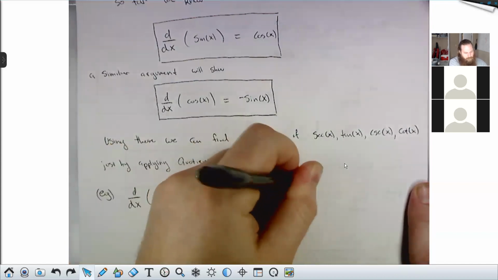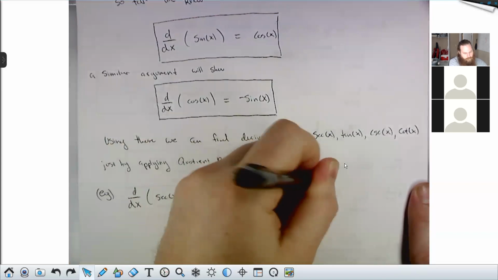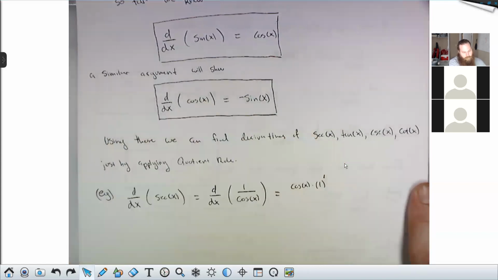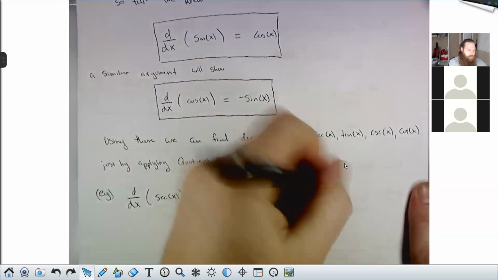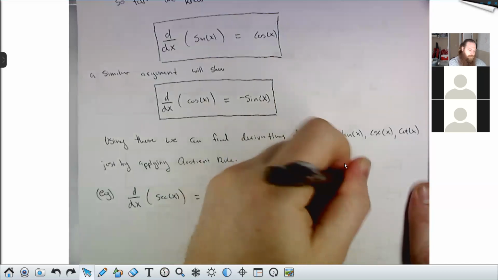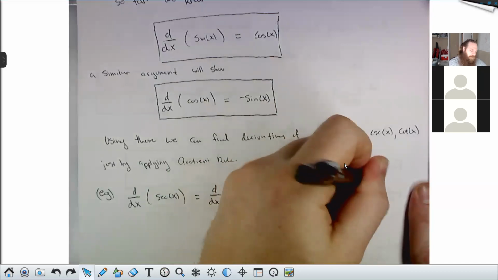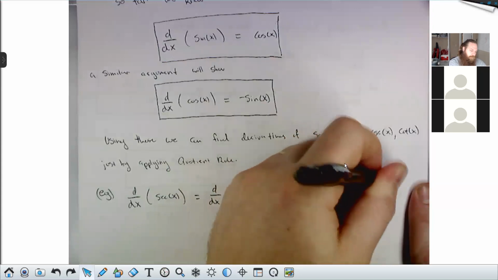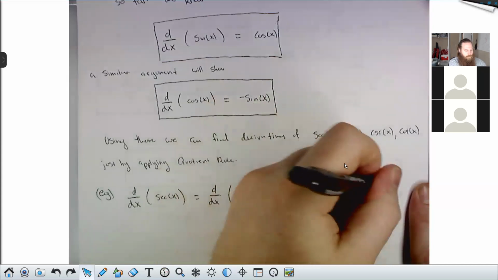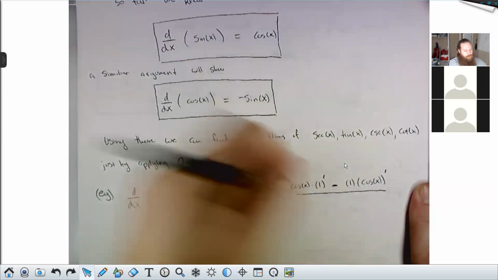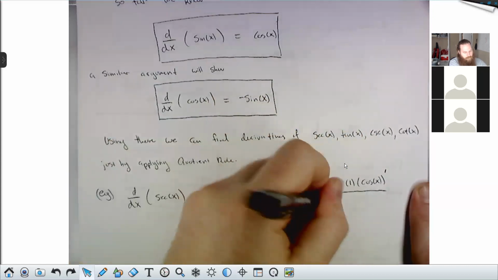So that's cos x times the top primed, 1 primed, minus the top times the derivative of the bottom, all over the bottom squared.